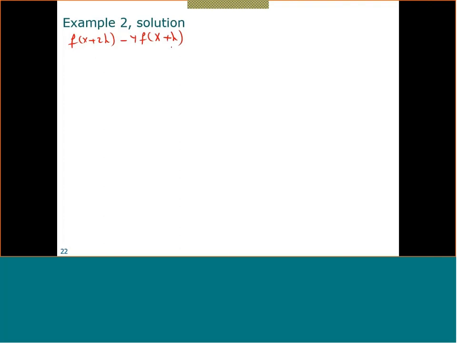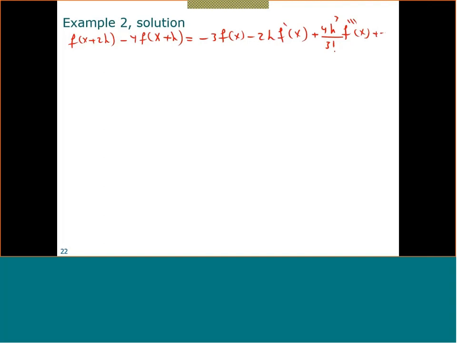Now, if I subtract these two equations together, we'll have minus 3f of x minus 2h f prime of x plus 4h cubed divided by 3 factorial f triple prime of x, etc.